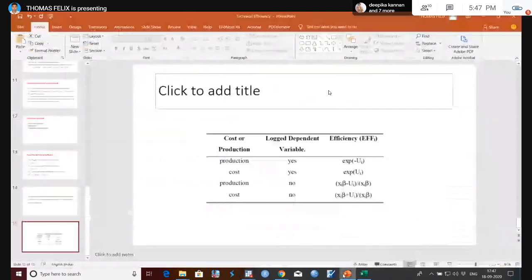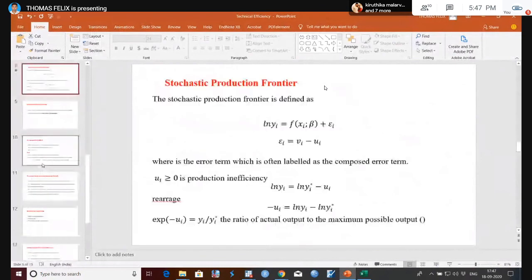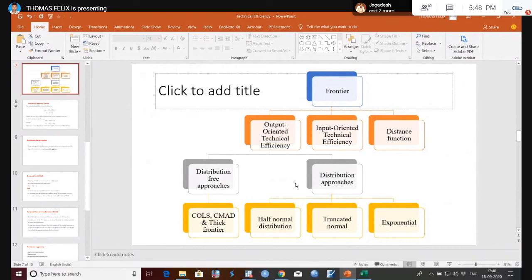So far we have completed output oriented technical efficiency. We have seen the distributional approaches: under it, corrected OLS and CMAD, and half normal, truncated normal, and exponential. These three we can do by menu driven, and also by step.